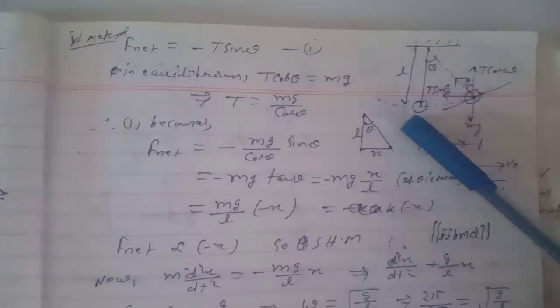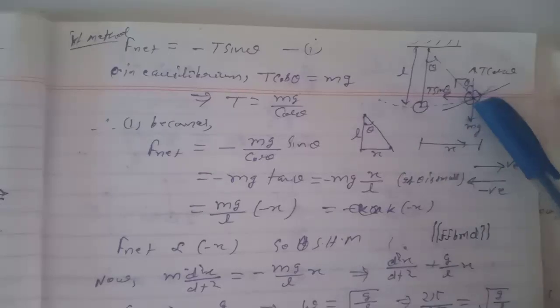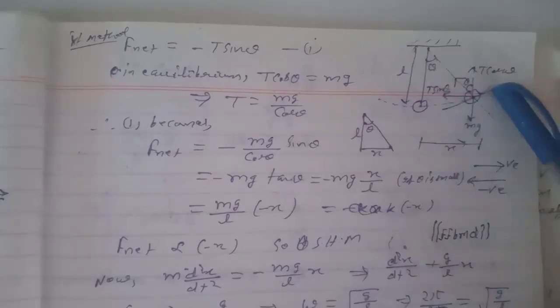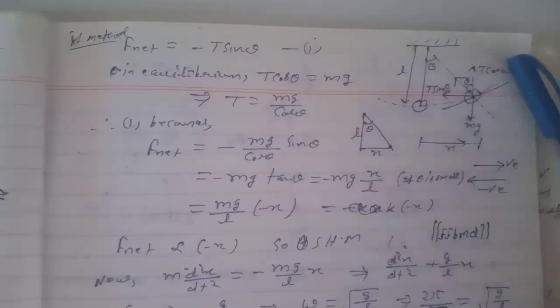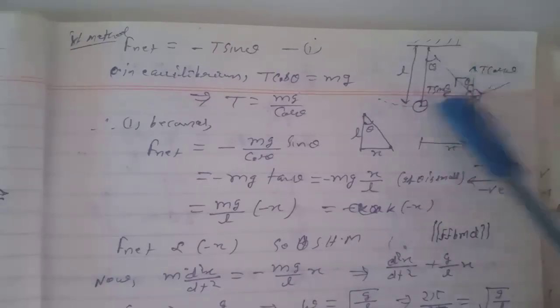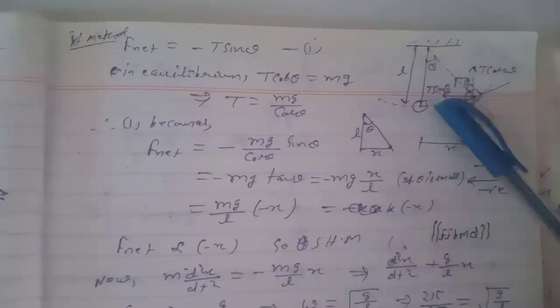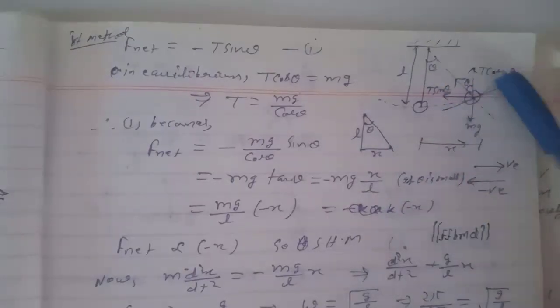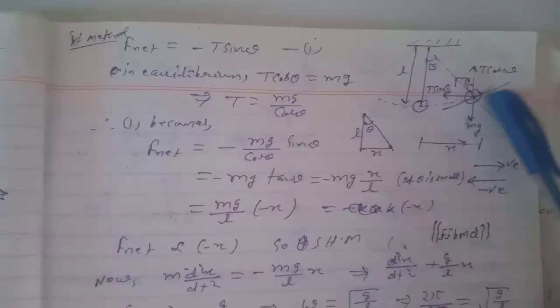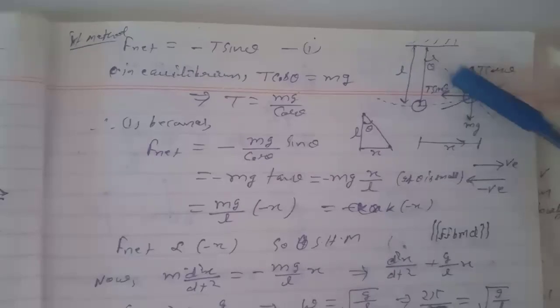This is a bob of mass m, and the length of the string is L, and this is displaced in this direction. If we consider this arc length to be equivalent to a very small displacement, the arc length will be equal to x. Now the forces acting are weight in the vertically downward direction, and tension in this direction.